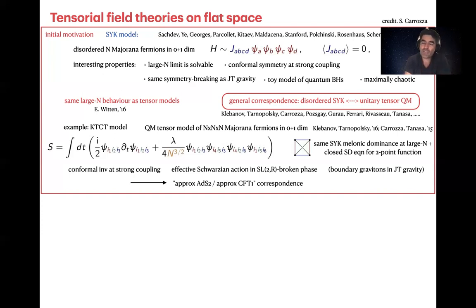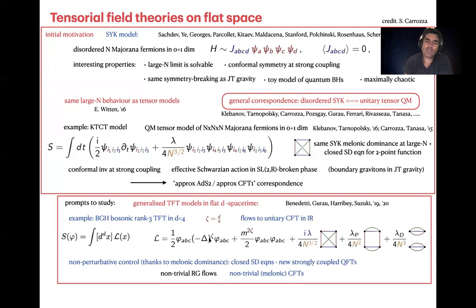And so this suggests that it could be a realization of some approximate AdS2 corresponding to an approximate CFT in 1 dimension. This is the initial motivation that prompted the study of generalized tensor field theory models in flat d-dimensional spacetime.